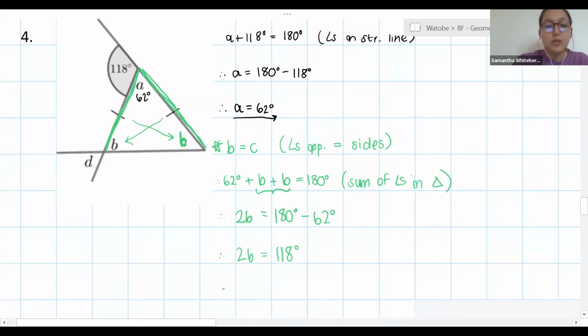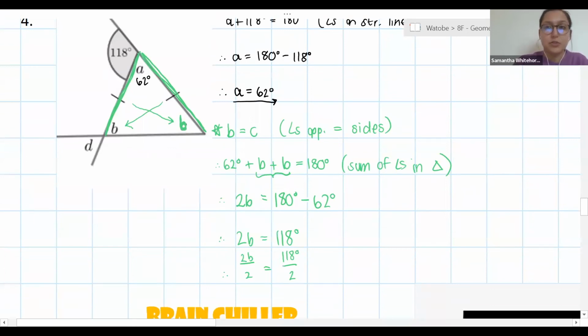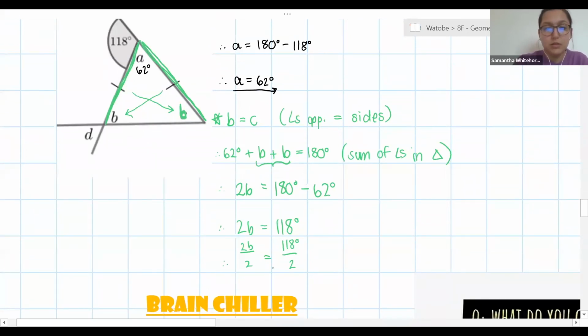And then we know that in order to get b, I have to divide both sides by 2. So I want b alone. So dividing both sides by 2 tells me that b is equal to 59 degrees. We have said that B is equal to C, so this also means that C is equal to 59 degrees.